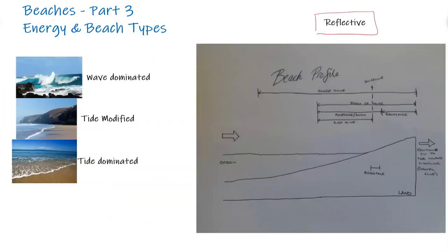So now the reflective type of beach profile, or morphodynamic, is going to be linked with pretty much waves of varying heights. Don't forget, the height of the waves is what provides the energy, which then molds the beach to a certain profile. Waves of varying heights.